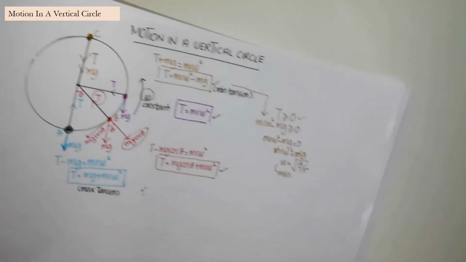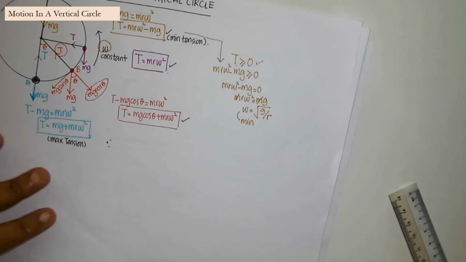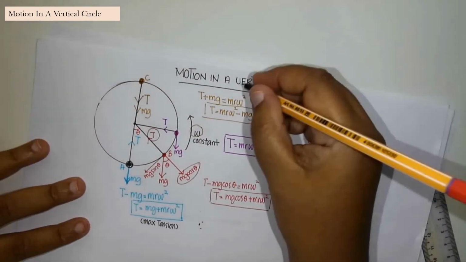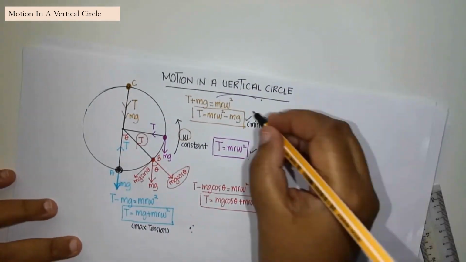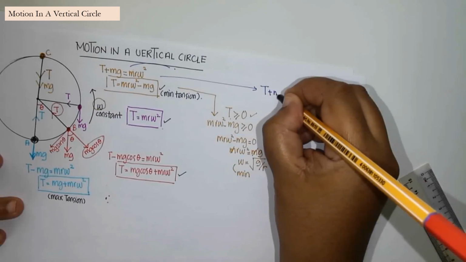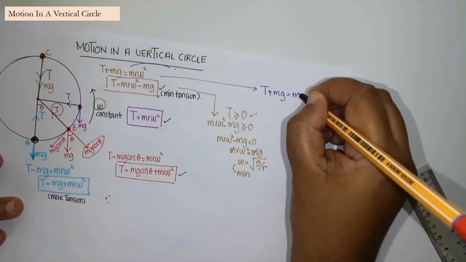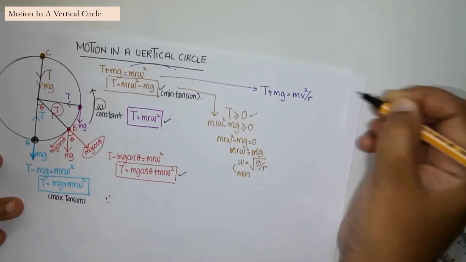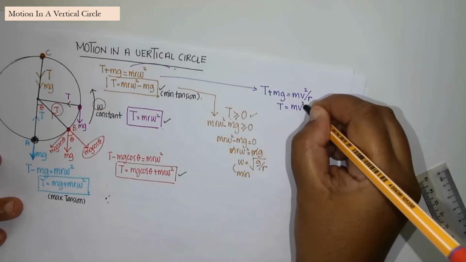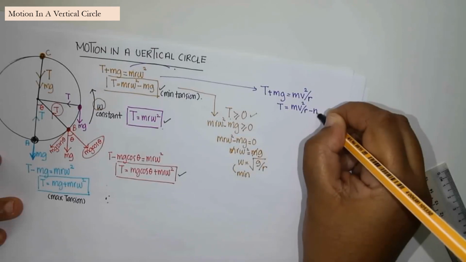Okay, so even if I don't want to put mr omega square, I want to put other formulas also, can, no problem. Okay, I can put T plus mg equals mv square over r. Okay, so T is equal to mv square over r minus mg.